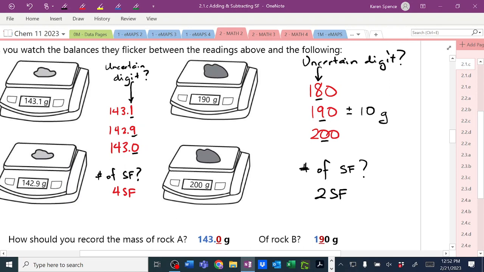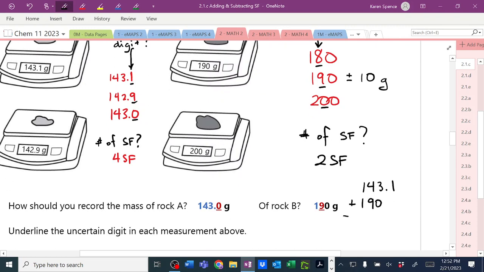Now we're going to take these 2 masses and combine them. So we want the combined mass of rock A plus rock B. We're going to take 143.1 and add to that 190, and we're going to keep track of our uncertain digits.